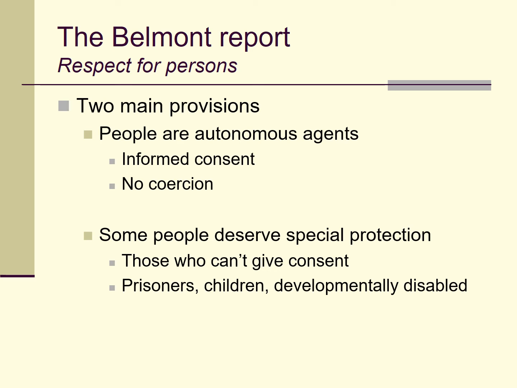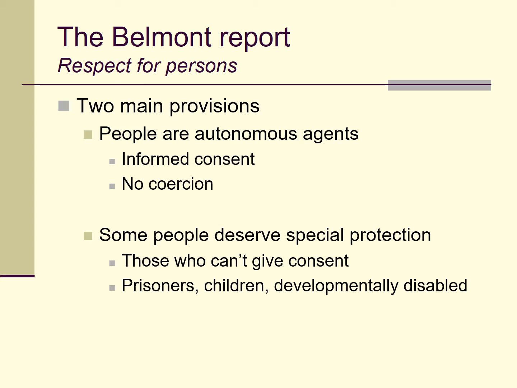An important corollary or implication of this provision is that people should be given informed consent about research they are being offered participation in or testing that they're being offered, and that they shouldn't be coerced or overly persuaded, or certainly not forced, to participate in research or testing that they don't want to participate in.